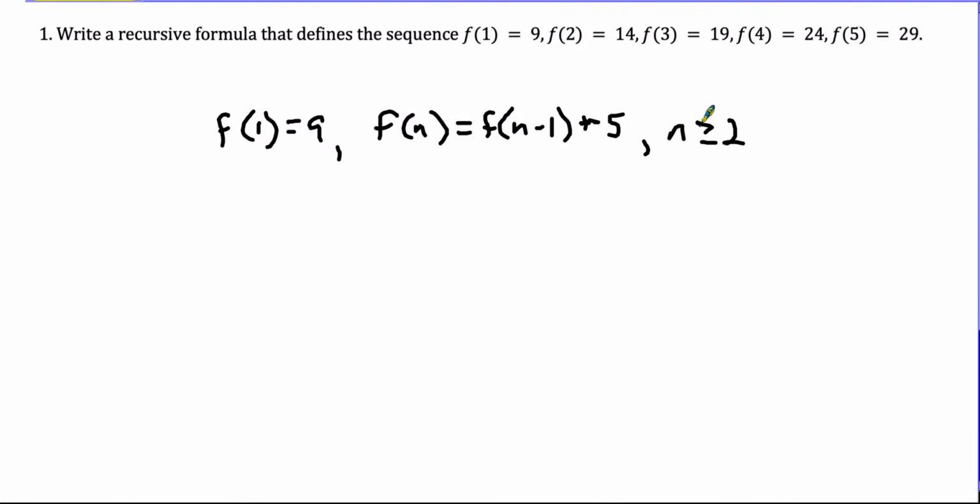So my domain for a recursive definition is essentially always just one more than whatever the starting term is. If I started with term 0, then this would be n is greater than or equal to 1. Because in order to use my formula, to get the current term, I need to use the previous term. So to get the second term, I would need to use the first term. So I would start with n is equal to 2.